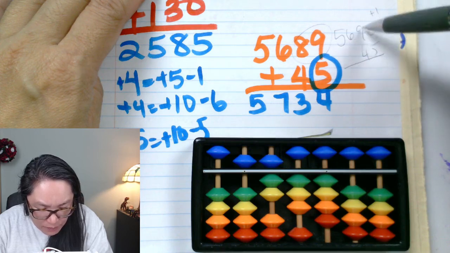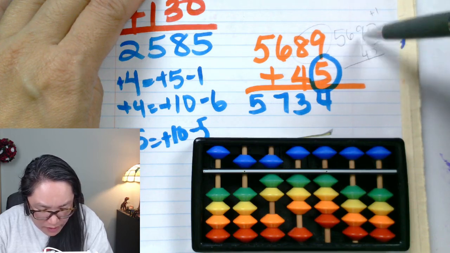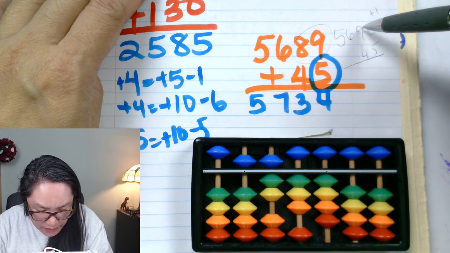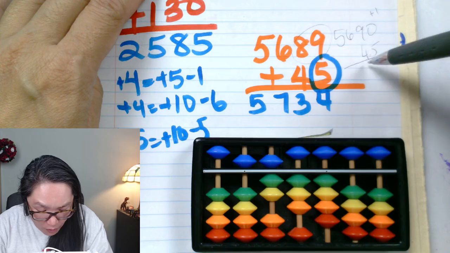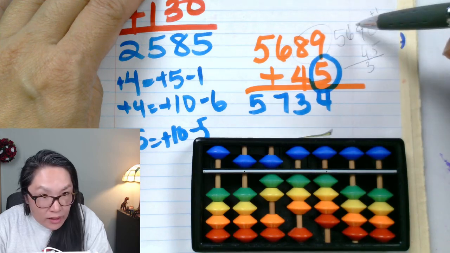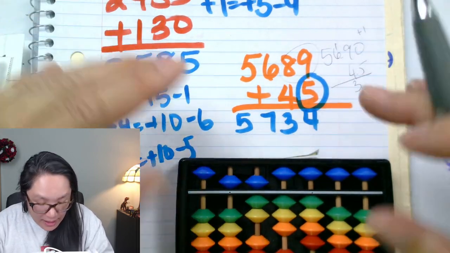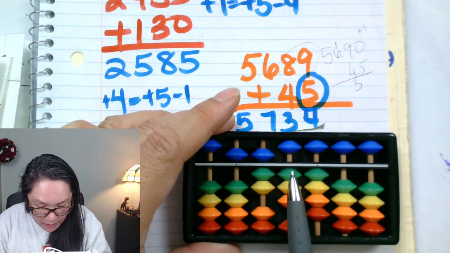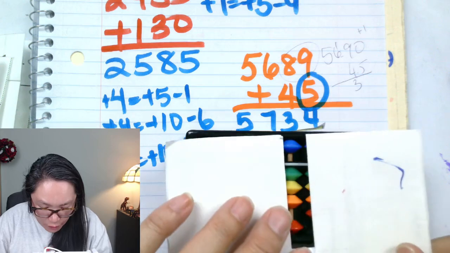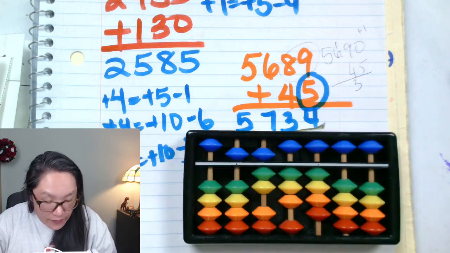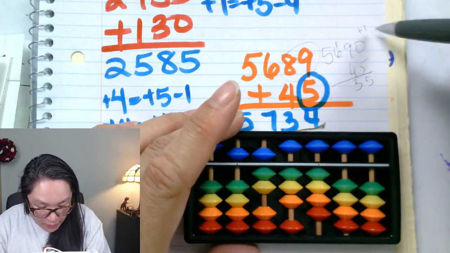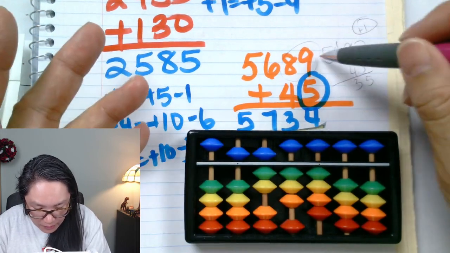But see, this is still memorizing, right? Here, we're still memorizing because we know that 9 plus 4 is 13. Then you carry the 1. So do you see how I carried the 1? That's what I did here as I carried the 1. So using the plus 10 formula is carrying the 1. And then we did a 5. But then don't forget we have this. We had to take it away because I added up to here.